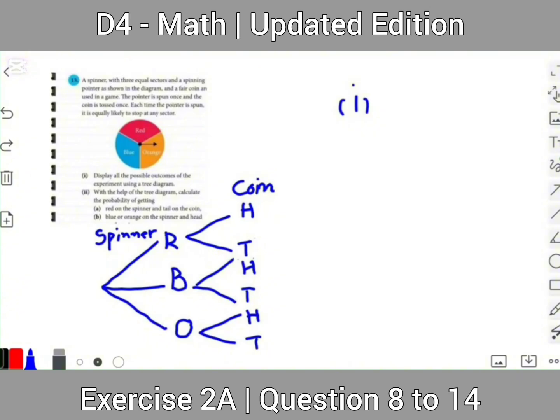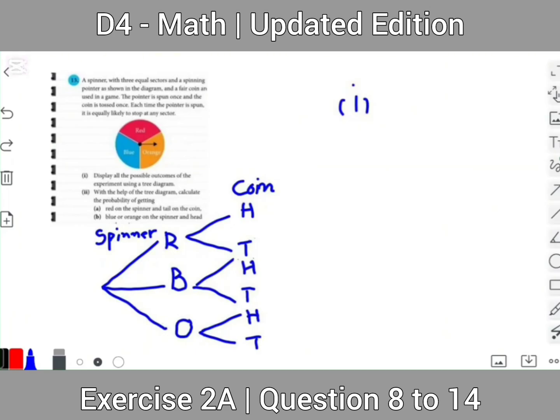So in the first part, we have to display all the possible outcomes of the experiment using a tree diagram. So first we will display the outcomes of the spinner, and they are red, blue, and orange.